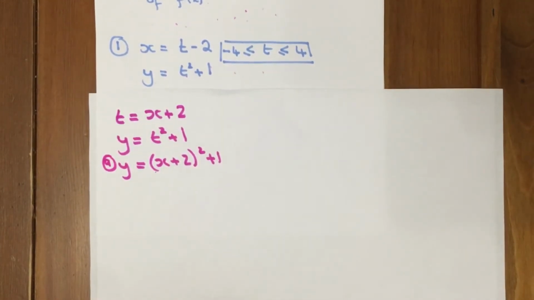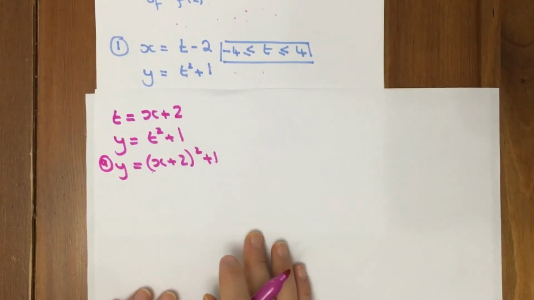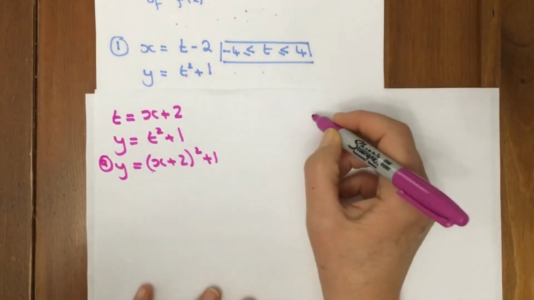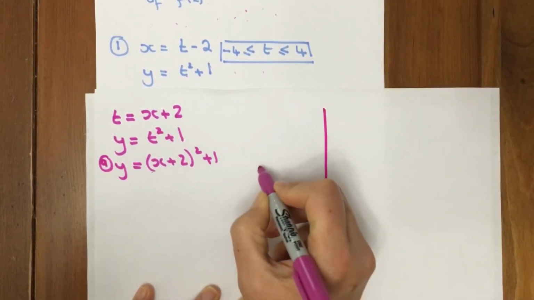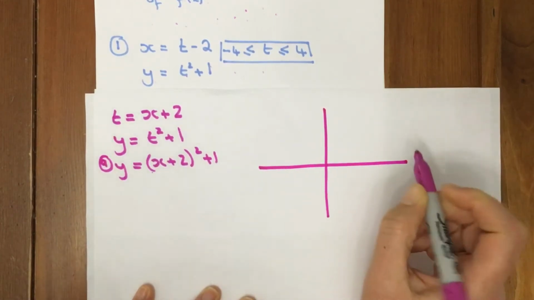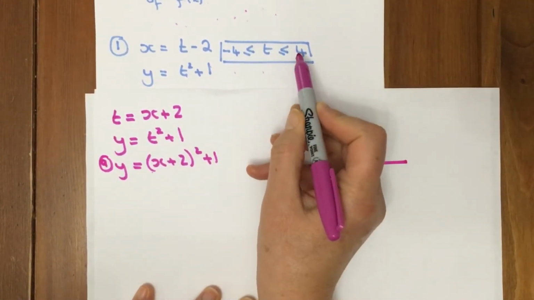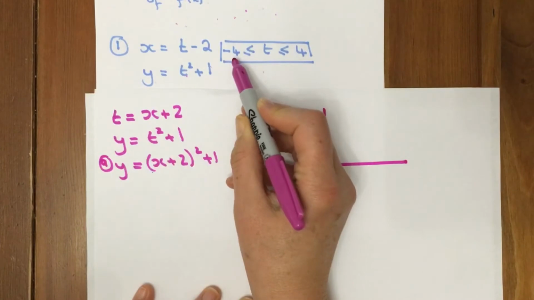Okay, now I'm going to sketch this equation, and I'm going to look at finding the domain and the range. So let's think of a sketch for this. Now, I'm told that t goes between 4 and -4.